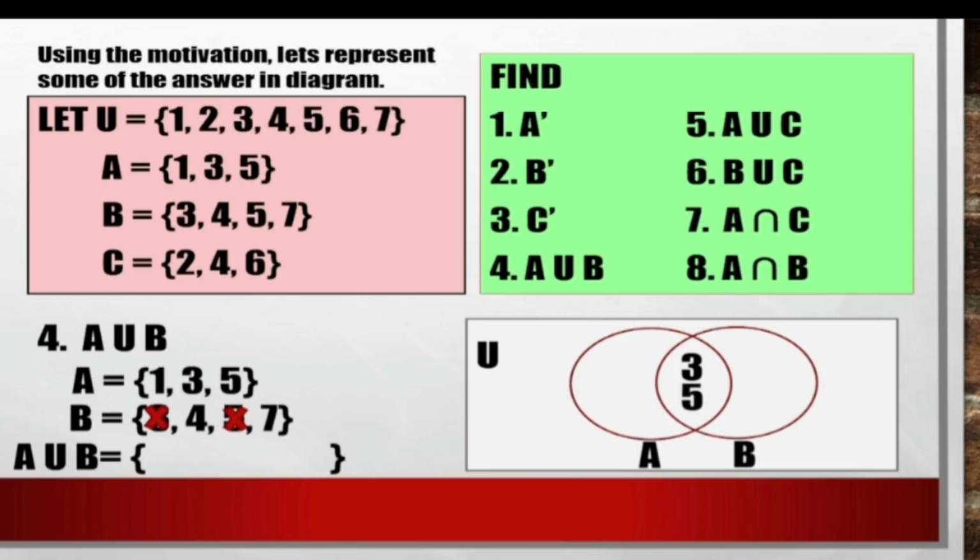So 3 and 5 are the common elements between set A and set B. Then for set A, we only have 1, and for set B, we have 4 and 7.